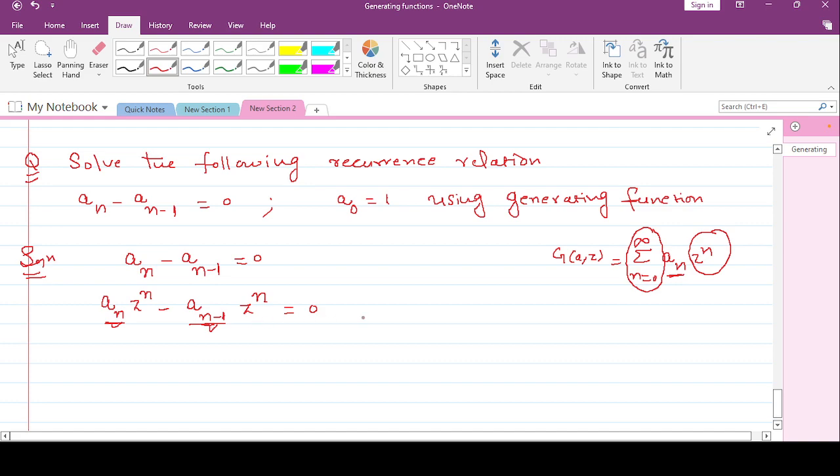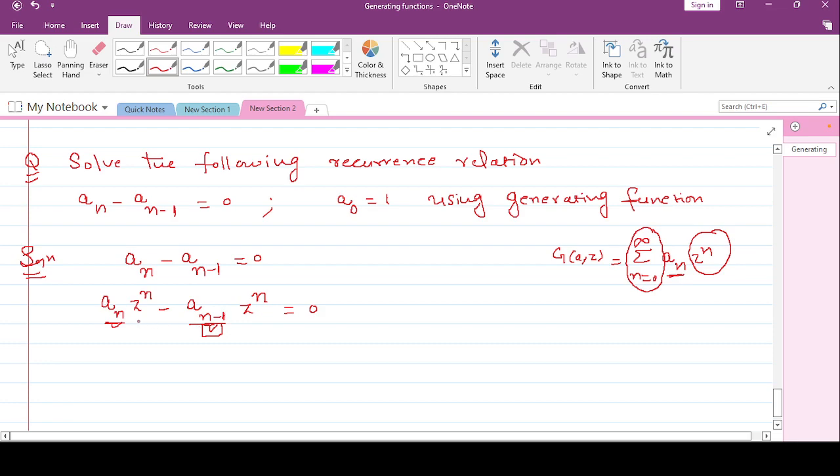Suppose I started from 0. In this case 0 minus 1 is minus 1, so the subscripts then become negative. So we cannot start from 0. We allow positive values or 0 to come as subscripts.